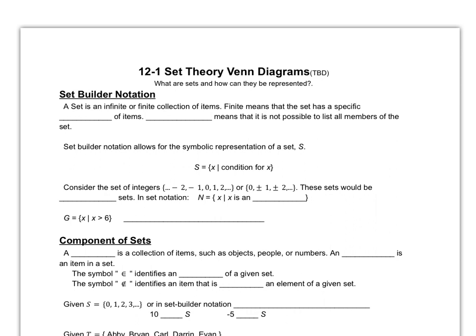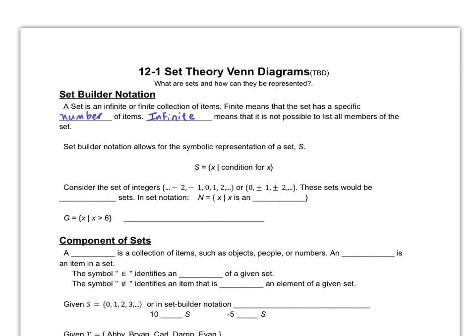In doing so, let's look at set builder notation and a set. A set is an infinite or finite collection of items. Finite means that the set has a specific number of items, and infinite means that it is not possible to list all members of a set.